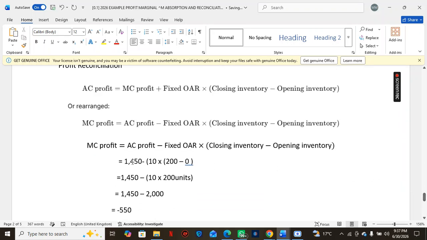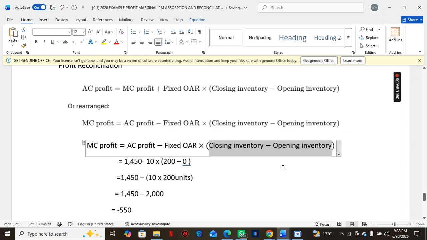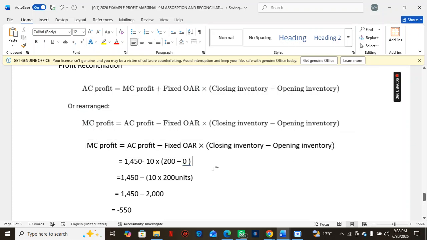So our absorption costing net profit 1,450 minus the fixed overhead absorption rate 10 multiplied by 200 minus 0, which is 200 units. 200 times 10, you get 2,000.